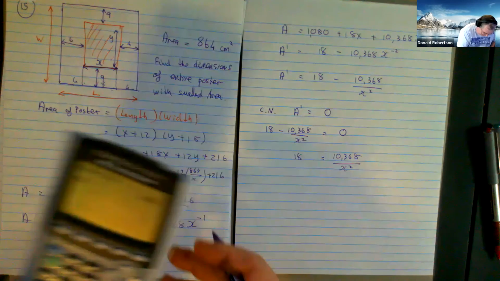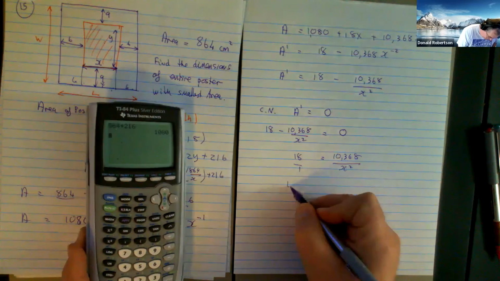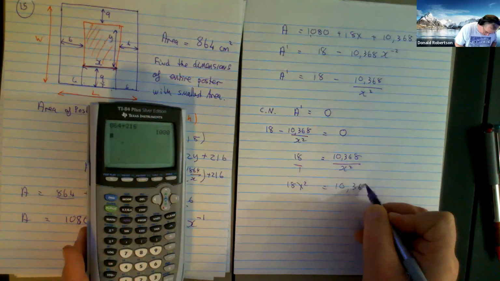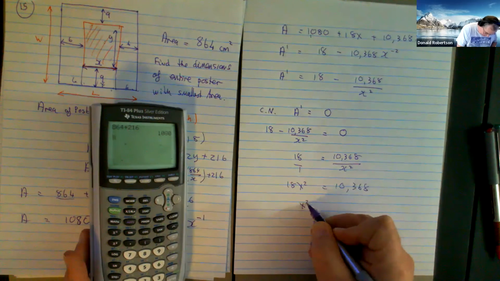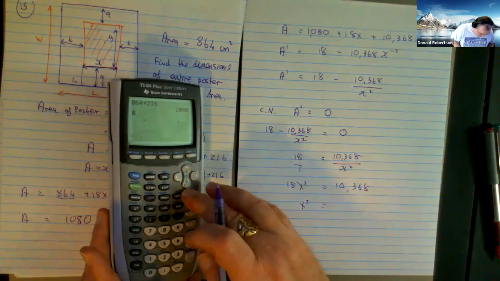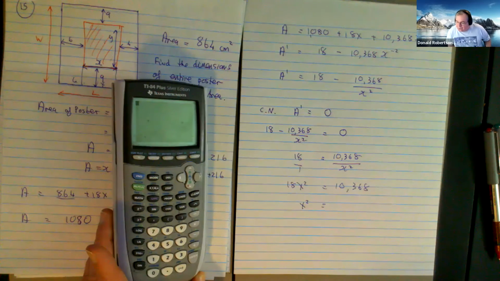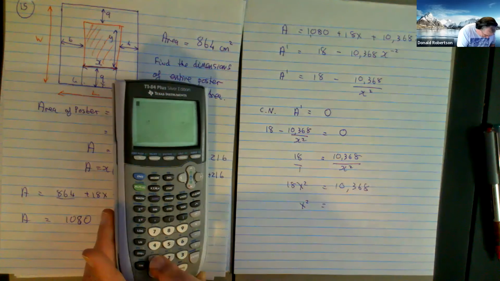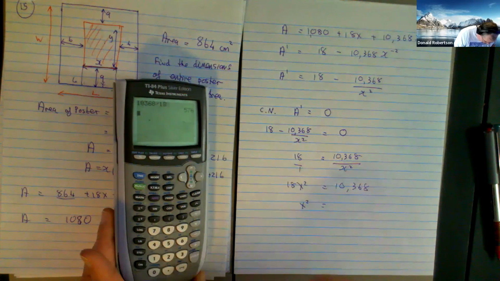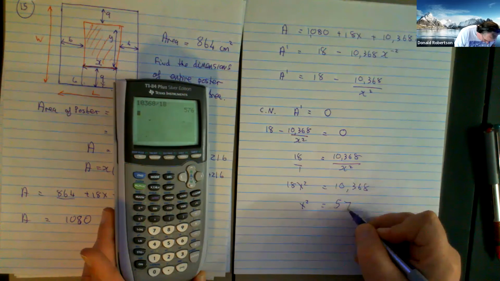So if you do a cross multiply, you'll get 18x squared equals 10,368. Would you agree the next step would be to divide both sides by 18? So 10,368 divided by 18 is 576.